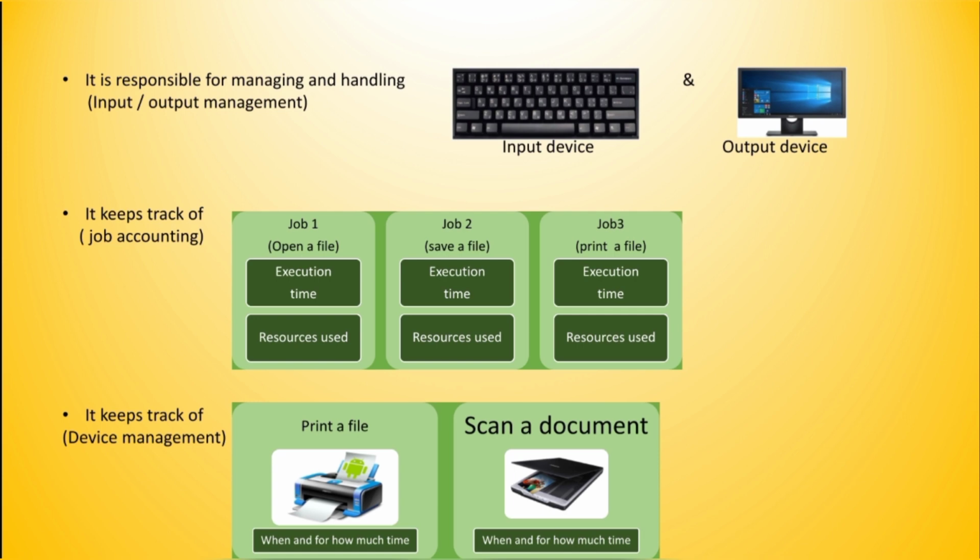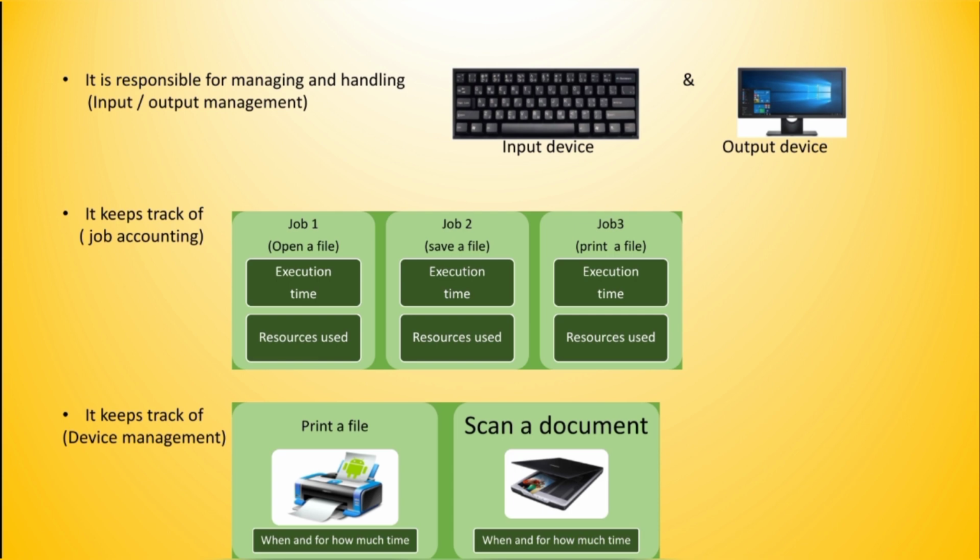For example, allocating keyboard to accept the data and monitor to show the output after processing. Job accounting. It allocates the processor for executing the job and the resources required by the job. For example, let us take job 3, that is printing a file. It allocates the processor and the system resource, that is printer, to print a file.